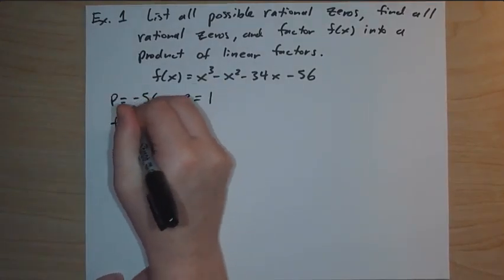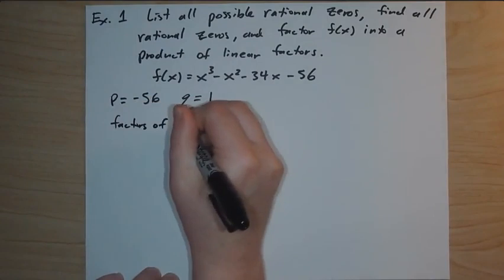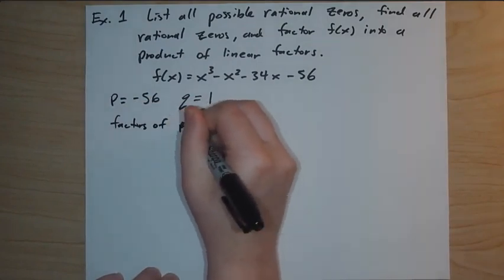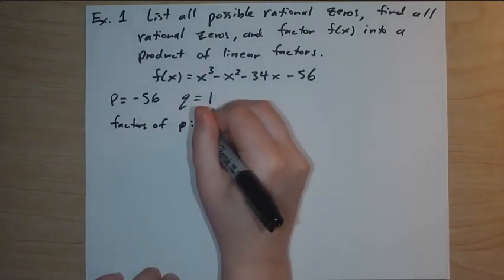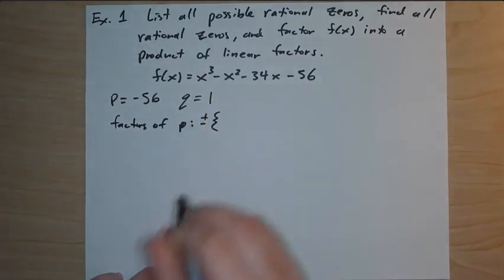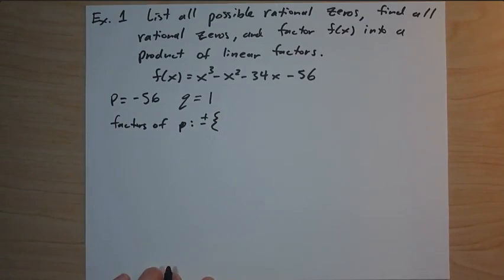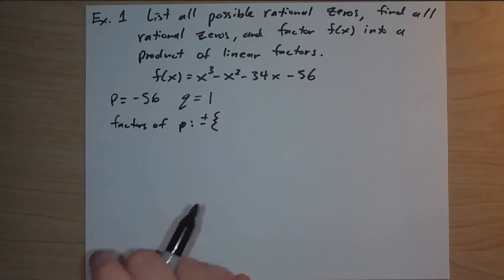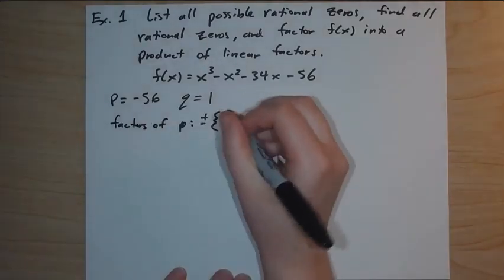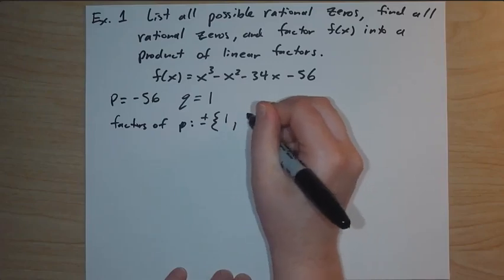So factors of P. This is going to be a plus minus kind of situation because we can have negative factors in there too. We could have positive 1 and negative 56 or negative 1 and positive 56. So I'm just going to write it as plus minus everything. So for negative 56 we could have 1 and 56.